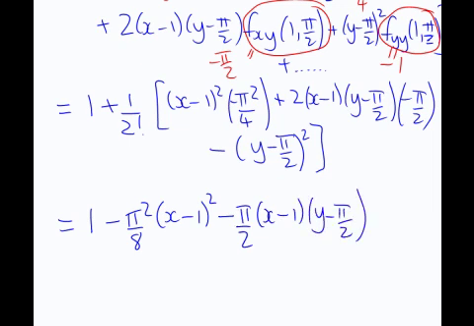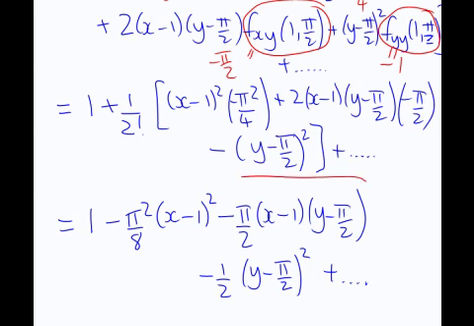And then finally minus a half y minus pi by 2 all squared. And because there's an infinite number of these terms, I should just put a plus dot dot dot. If I choose to truncate the series, I will get the Taylor polynomial, but that's not what I've chosen to do in this case. So the series in fact goes on. So that is the final answer. I'll just put a box round it.